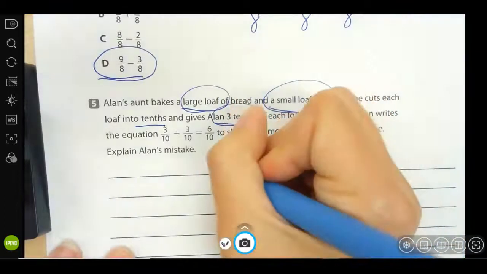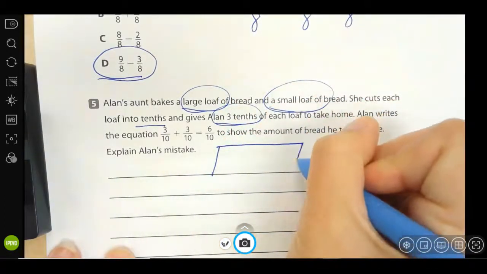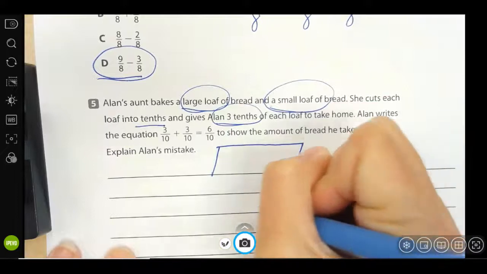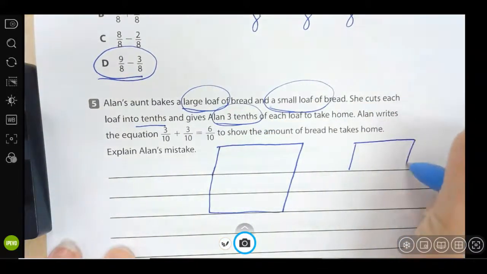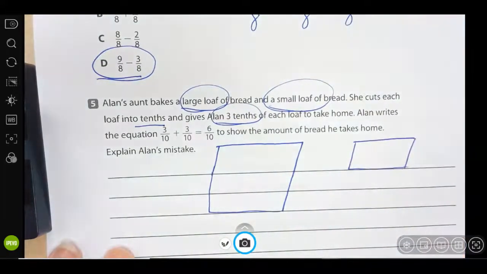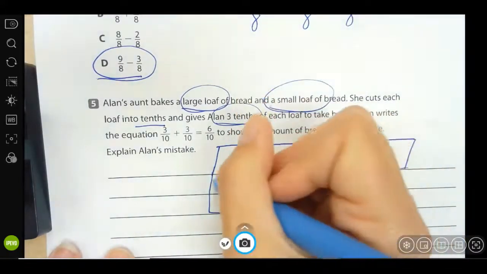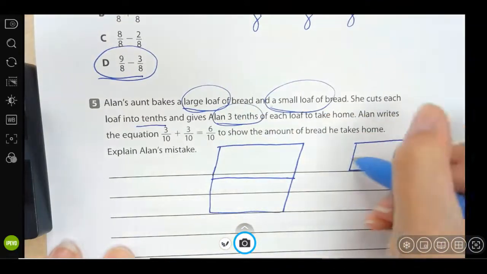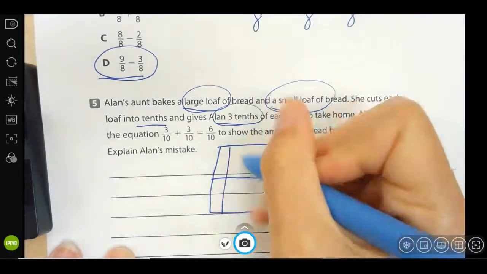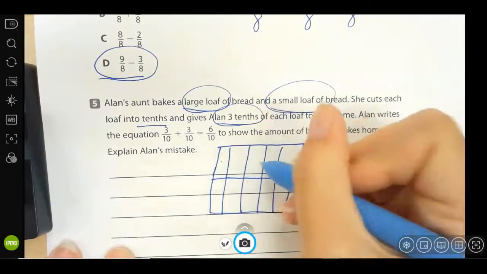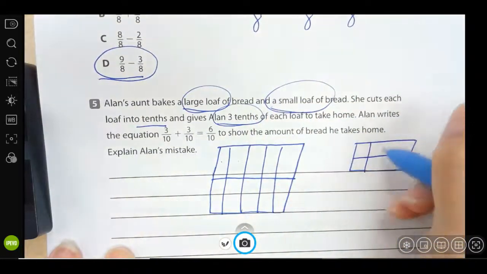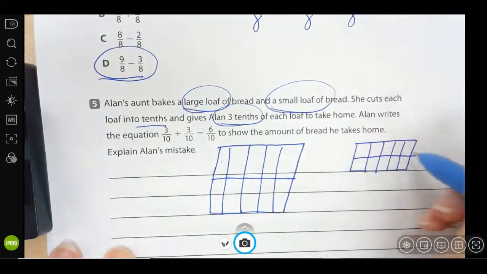We'll draw here. We're going to draw a really big loaf, and then we're going to draw a little loaf, right? A small loaf and a large loaf. That's what it says, right? And they're cut into tenths. Okay.